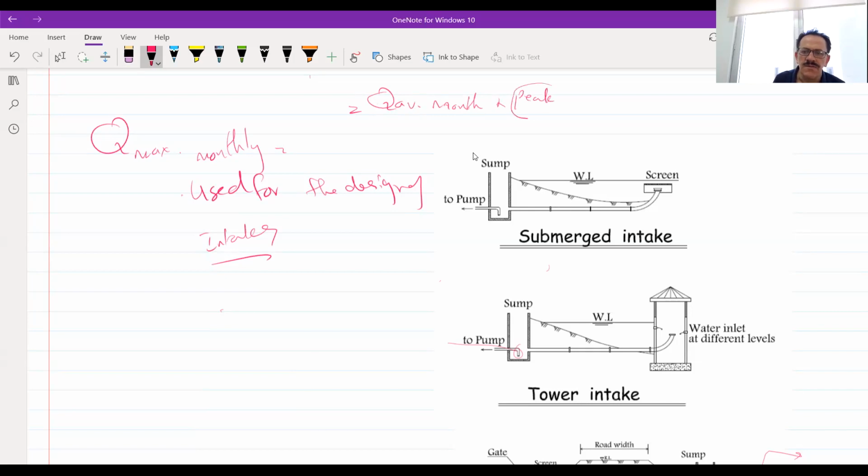Now, the peak factor for the maximum monthly is how much? It will be equal to 180 times t to the power minus 0.1. Am I right?